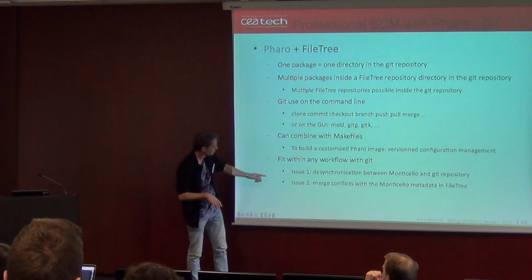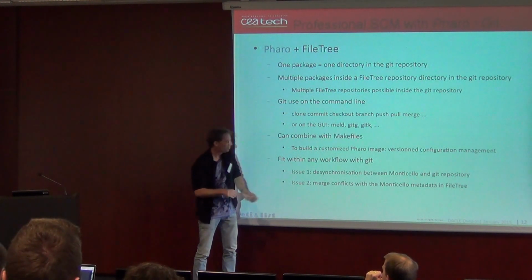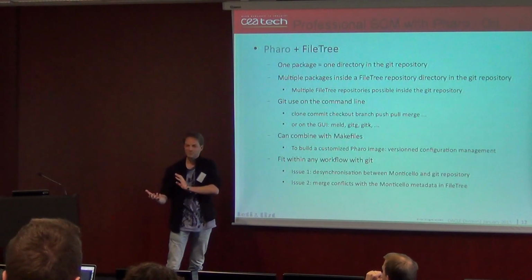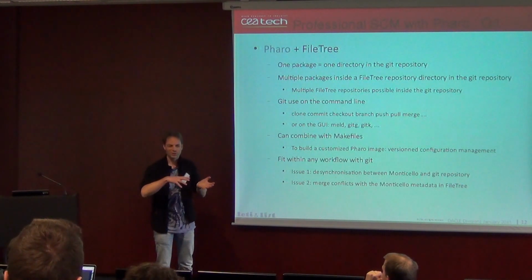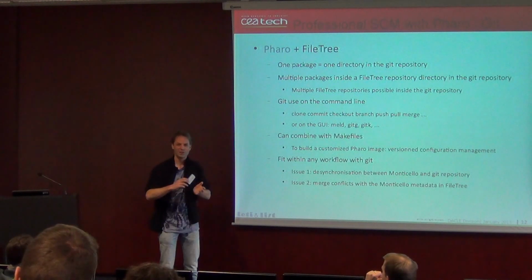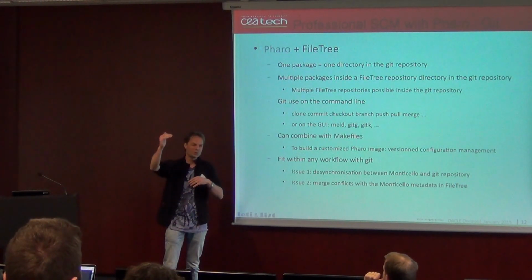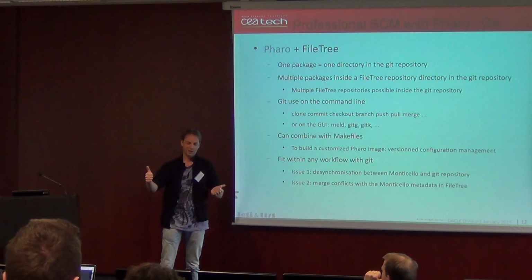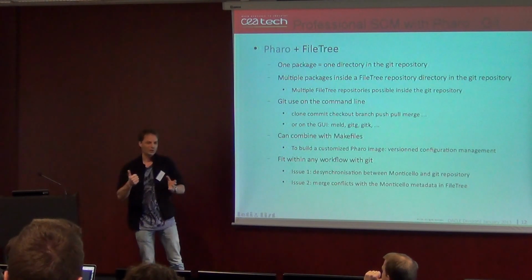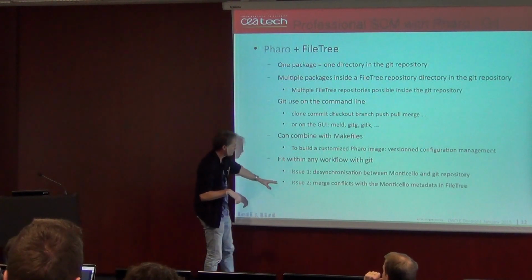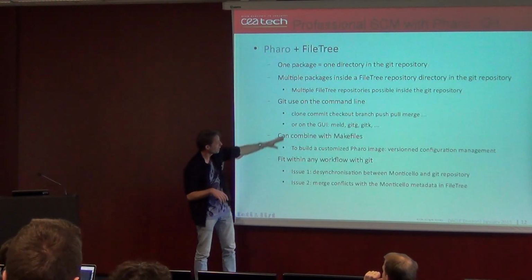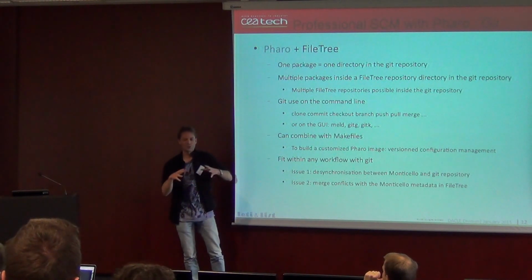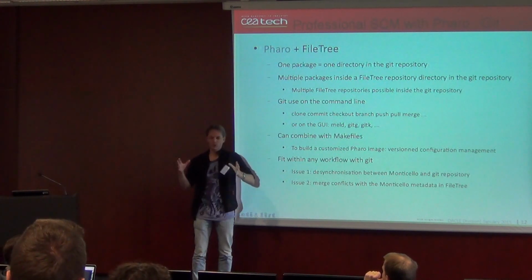There's two issues in that. It's very easy to desynchronize between Monticello and the repository. So the things you have in your image have a history, half a dozen versions, and then in the Git you only have one. Okay, not interesting. And the second one is that you'll have to do merge. Okay, you can't use Git without having to do merge one day.